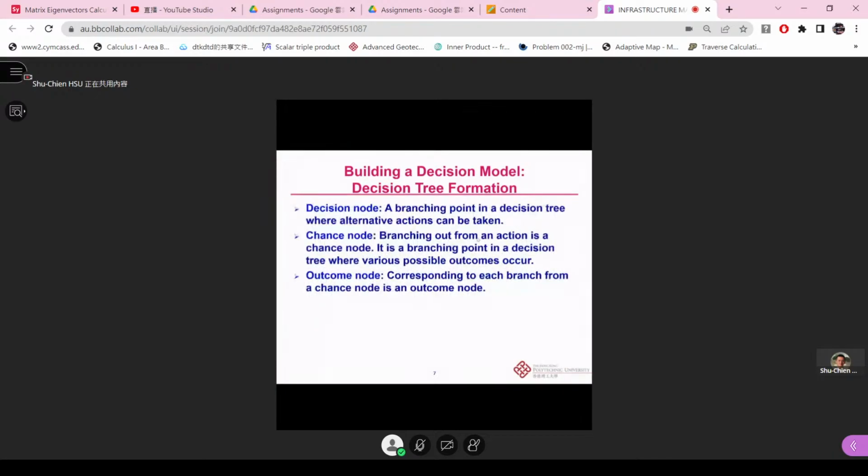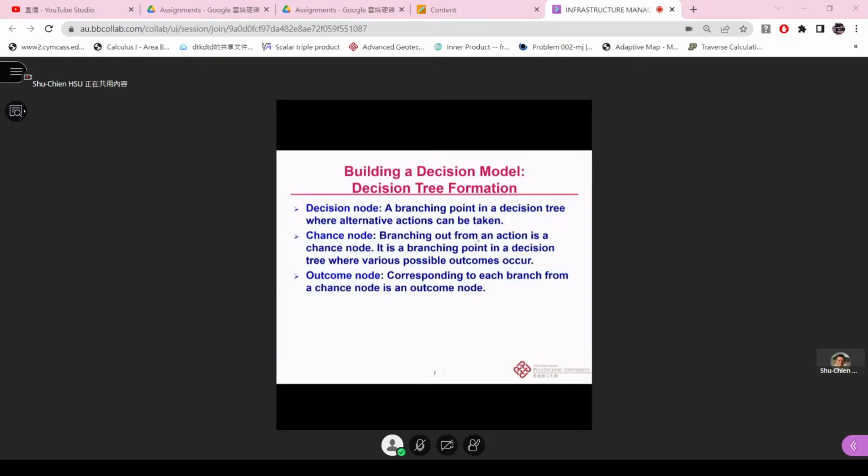The decision node is the branching point in the decision tree where alternative actions can be taken, referring to the last example, where the contractor has already won the contract and the tender. The chance node branches out from an action and is the branching point in the decision tree where the various possible outcomes occur. We thought about the three possible situations from the previous example.